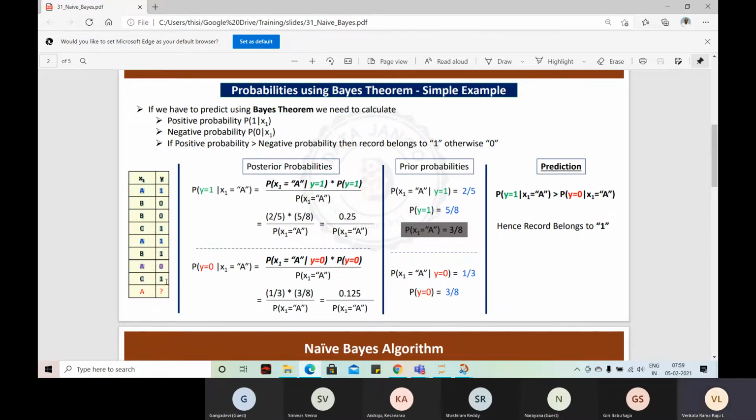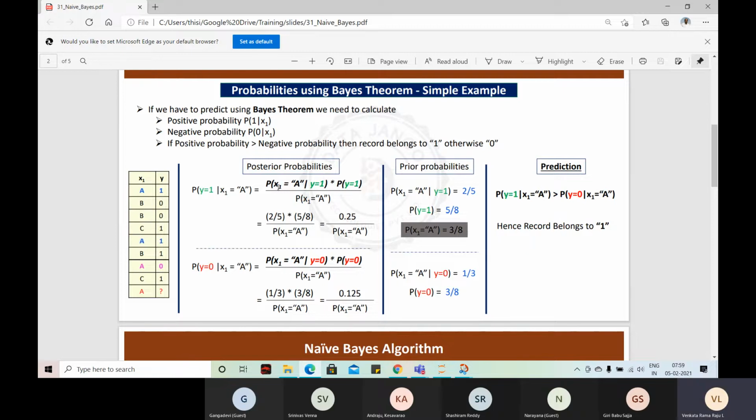Till here, that is the training set. We should look at that part only. We shouldn't look at this one. This is the new record which we are trying to predict. So out of 5 ones, 2 ones belong to A.